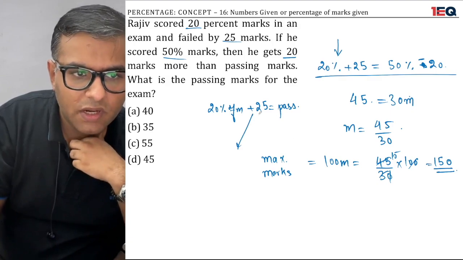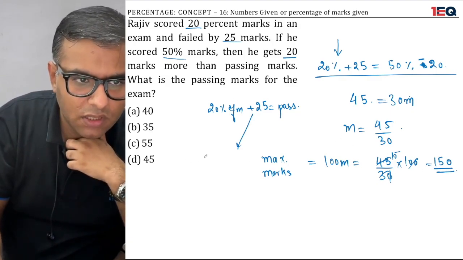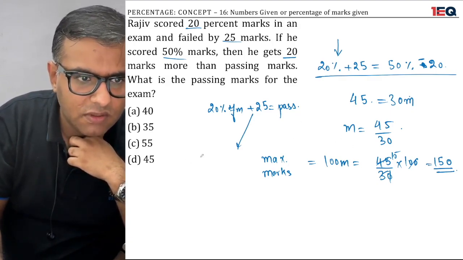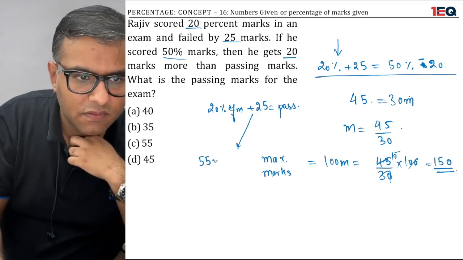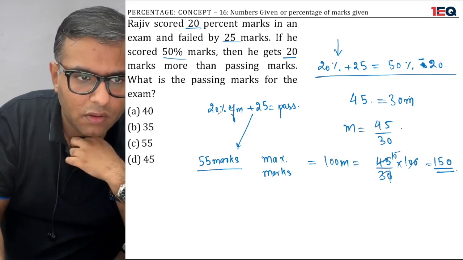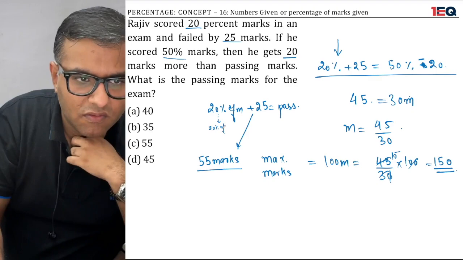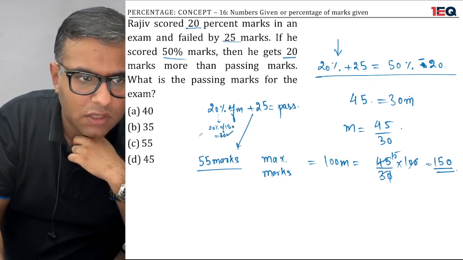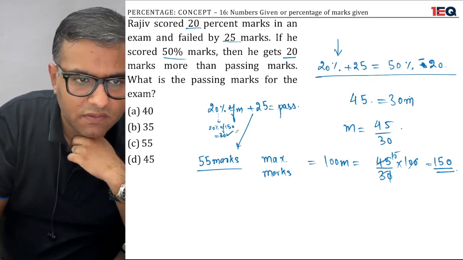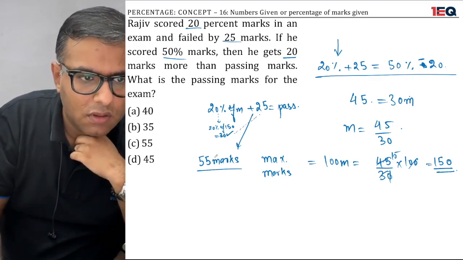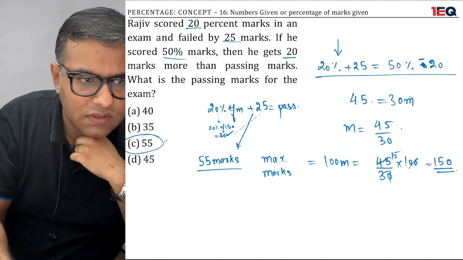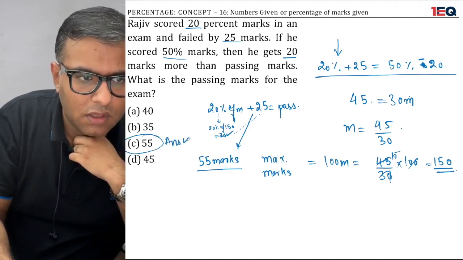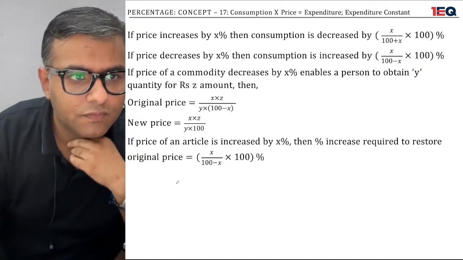Okay, 20% of 150 is equal to 30, right? 30 plus 25 is equal to 55 marks. So this is the answer. Moving on.